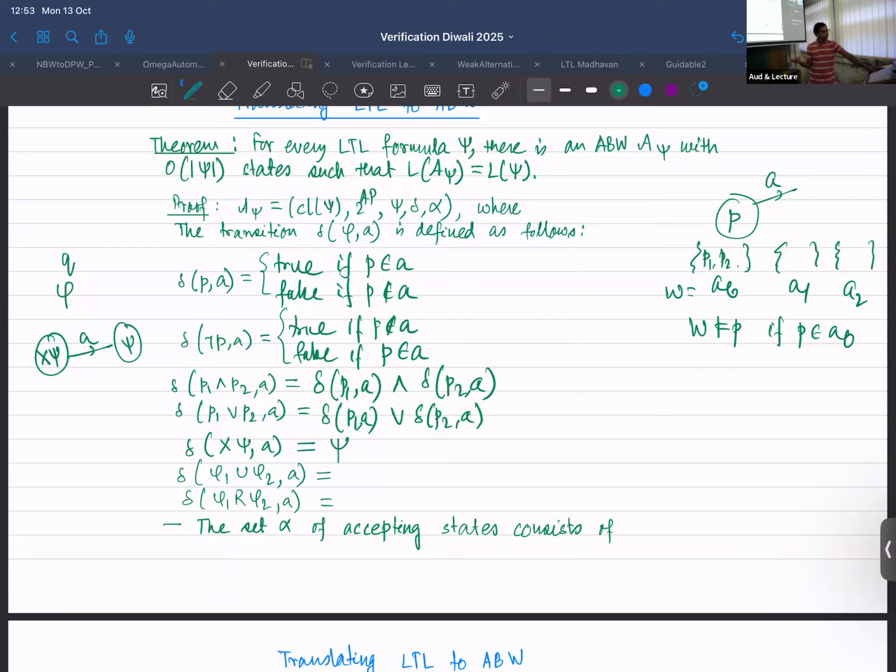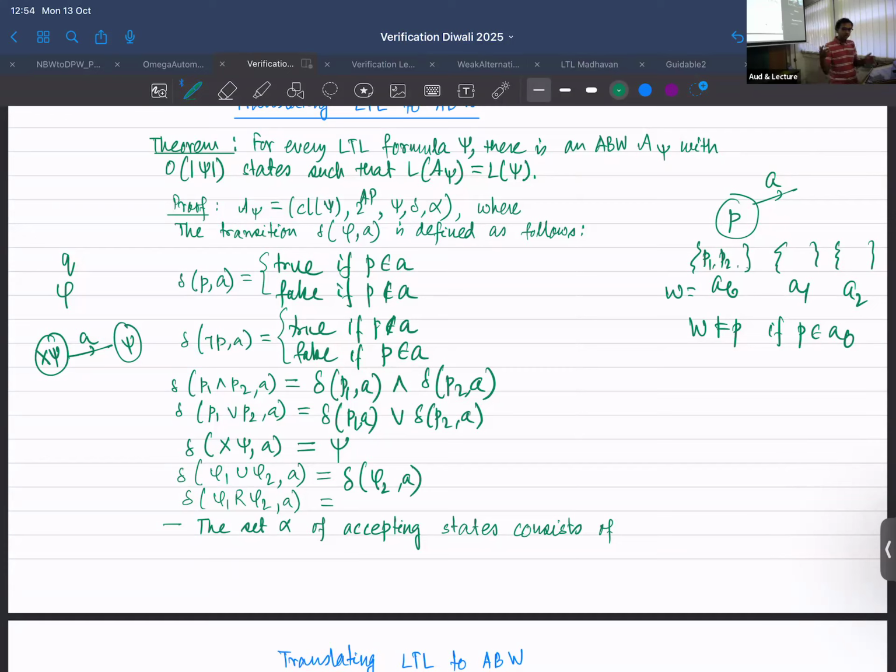Now if you understand this, then what about delta of phi1 until phi2, comma A? When is phi1 until phi2 satisfied? It is delta of phi2, comma A, or it will just go to phi1 until phi2 in the next state.